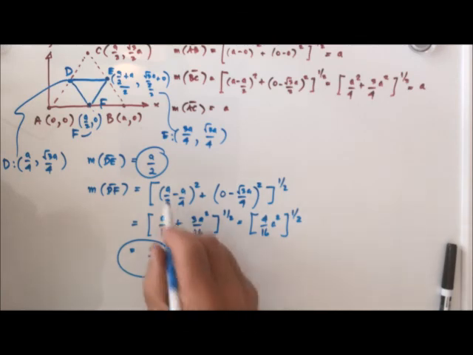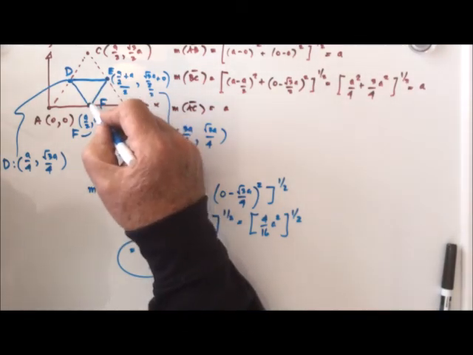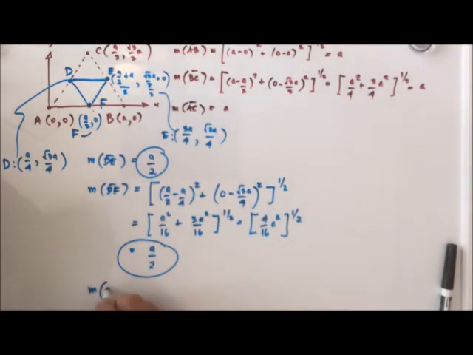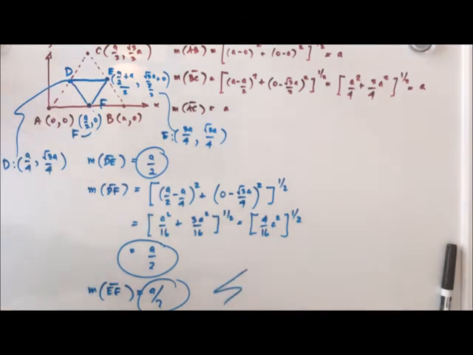I would leave it to you to show that EF, the length of this segment, is indeed a/2 as well. So there you go, multiple applications of the distance formula and the midpoint formula to work out this problem.